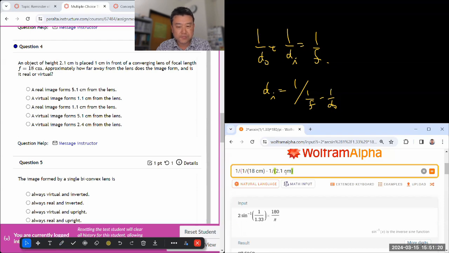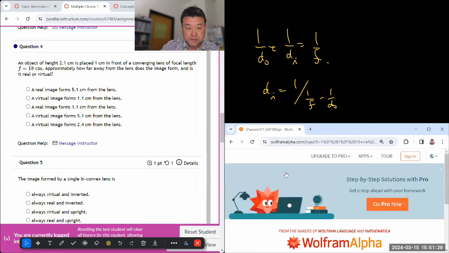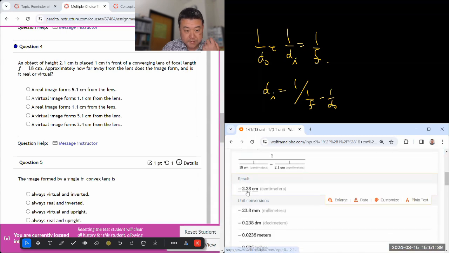Oh, I didn't actually have to do the calculation, so it's gonna be virtual and upright. Let me see. So a virtual image forms, I can only eliminate two. Okay, it's either 1.1, 5.1, or 2.4. Which is it? It is 2.4. The height, I think, of the object is irrelevant.